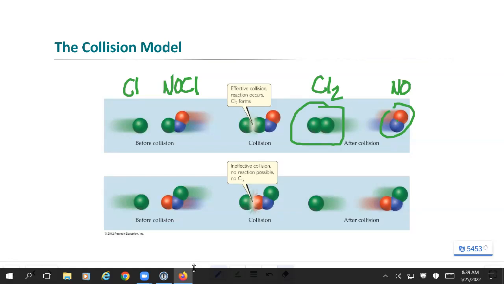The idea is we're supposed to get chlorine gas, Cl2, and nitrogen monoxide. So that's our chemical reaction here.